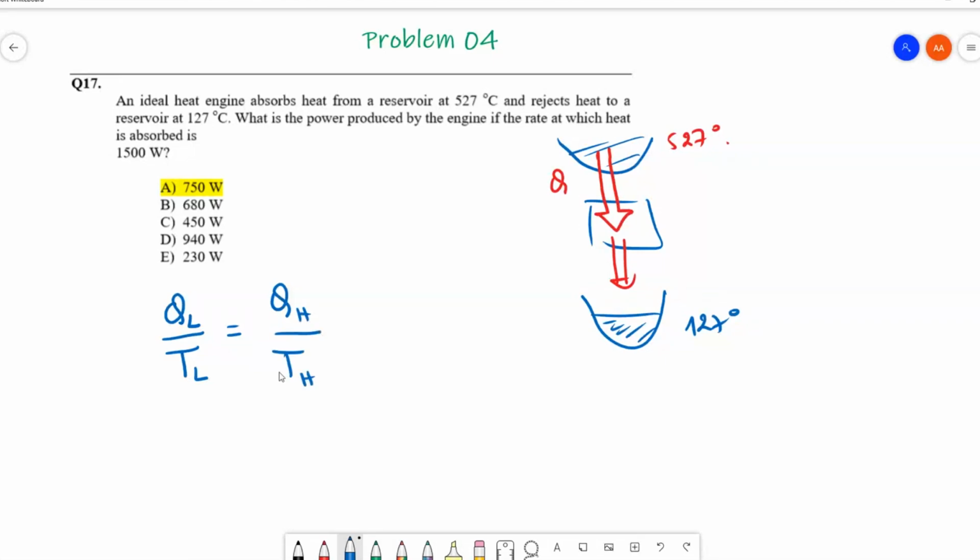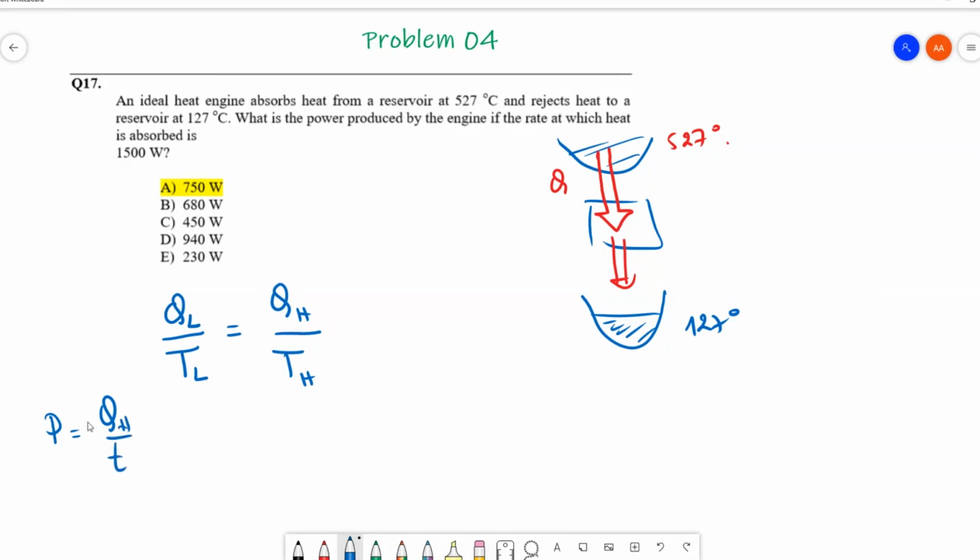For heat engines, we have this relation. Here, we are not working with heat. They give us a rate at which the heat is absorbed. So it's not exactly QH, it's the rate, P equal to QH over the time.